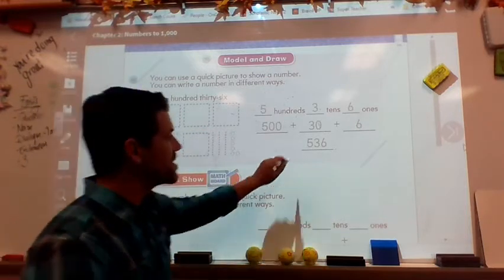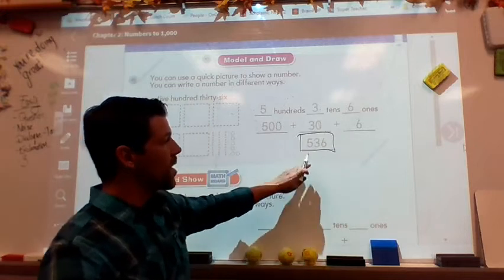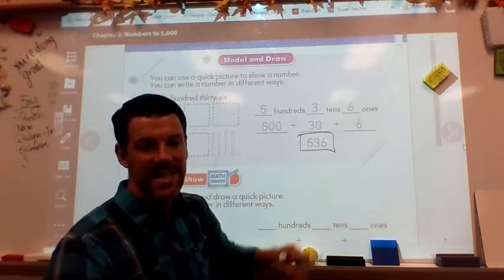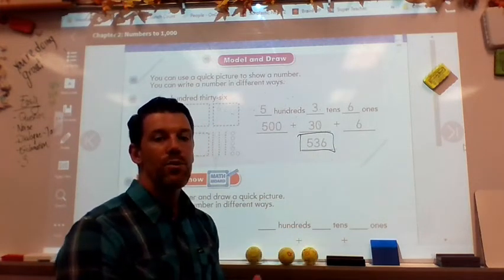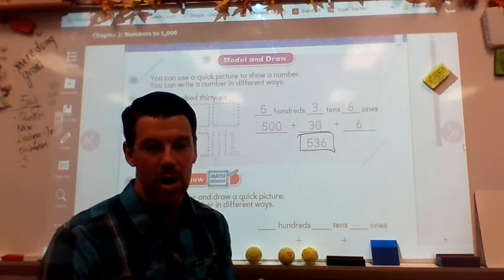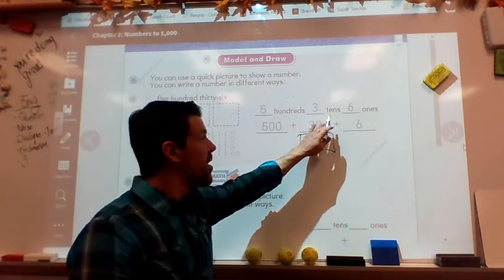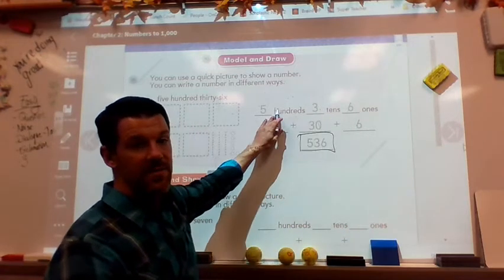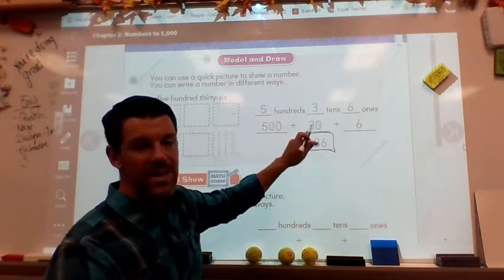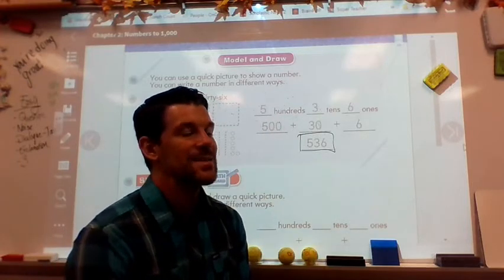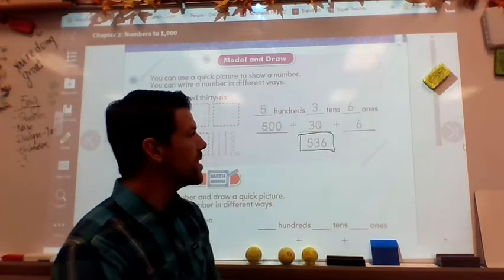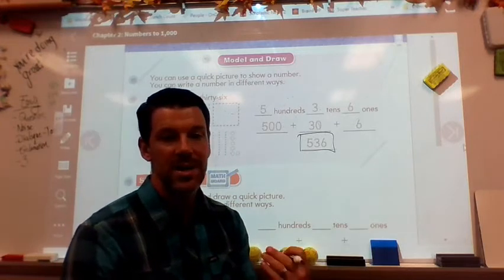So right here we have the standard form of that number, 536. Now, if we were looking at our place value chart, we would have 6 ones, 3 tens, and 5 hundreds. If we did it in expanded form, we would be looking at how much each number is worth.